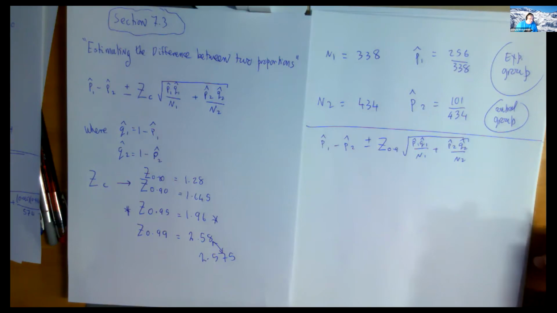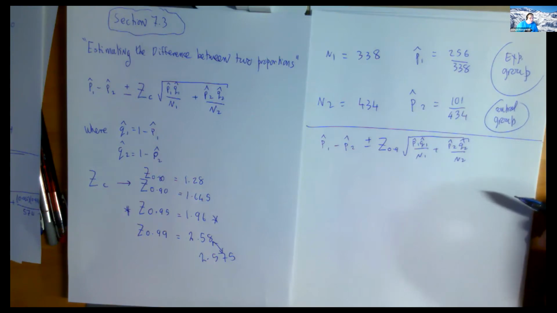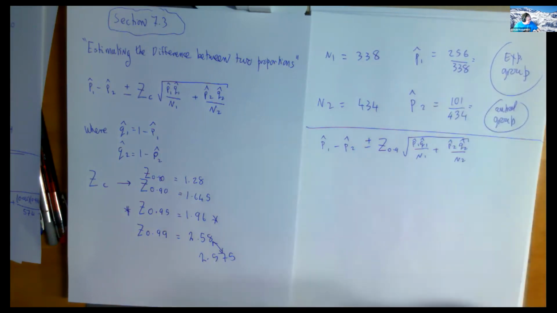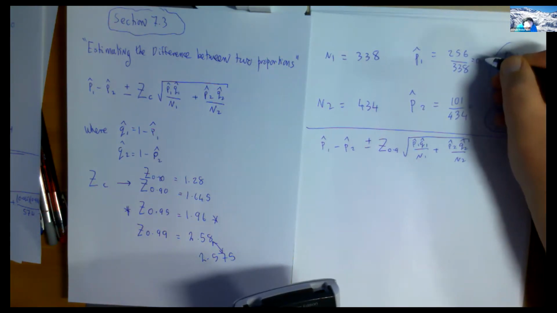And have you noticed that I forgot to do something? Don't I need decimals if I want to make my calculator happy? So I'll squeeze them in right now. And this time it's to 3 decimal places. So 256 divided by 338 is 0.757.